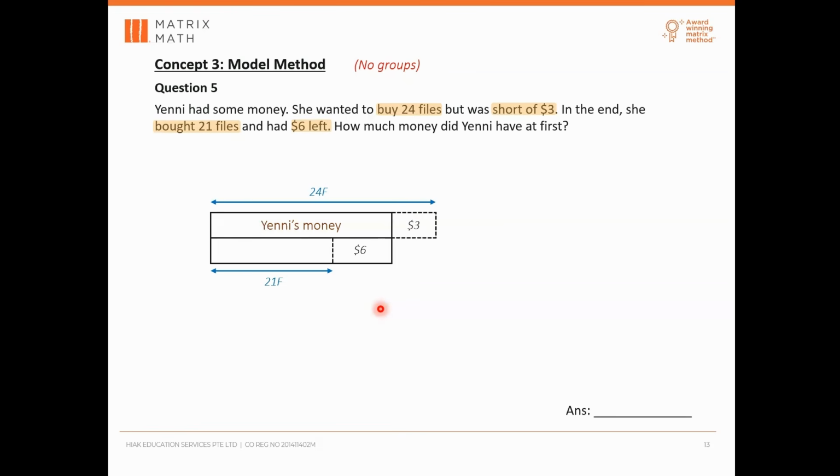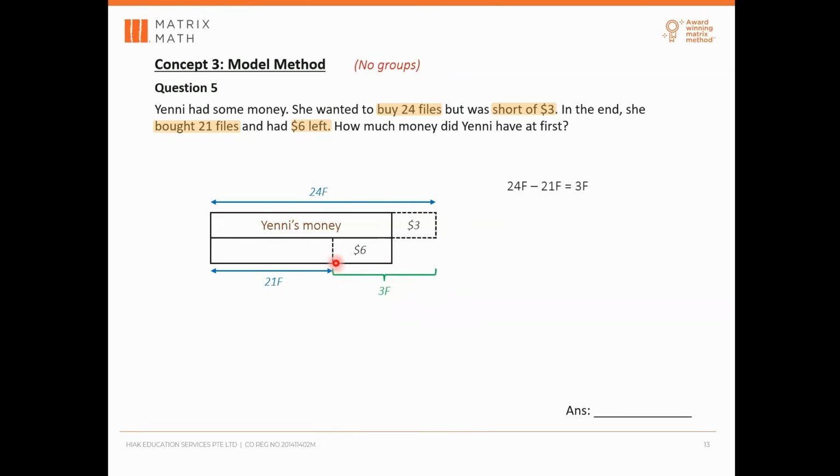So if you can do this question and draw this model, actually very good already, okay? Because once this model is drawn, labeled properly, how many files can we find? You can find this part here, the difference. So you're looking at a difference of 24 files and 21 files, which is a difference of 3 files. How much is that?